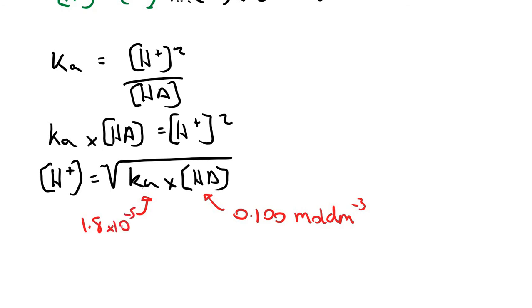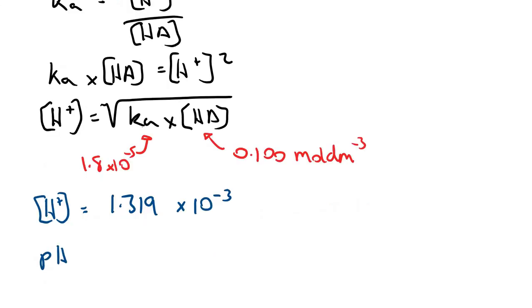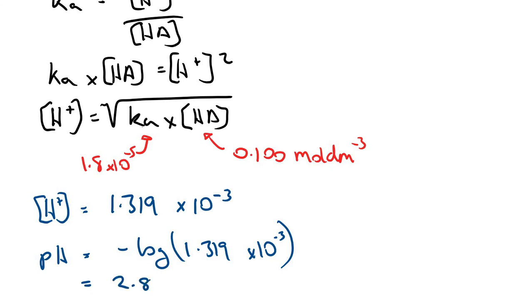I'd work out the H plus ion concentration, which is equal to root 1.8 by 10 to the minus 5 times 0.1, which is equal to 1.319 by 10 to the minus 3, and pH therefore is minus the log of this, which equals 2.88.